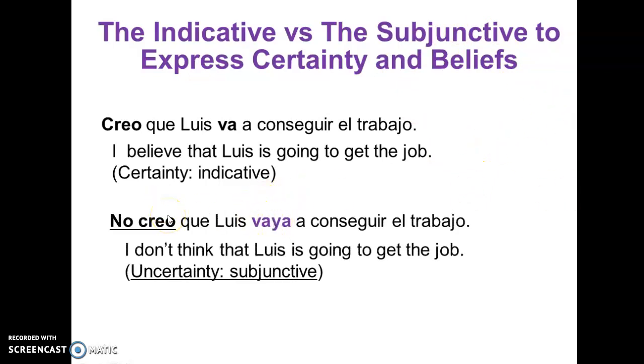But when you don't think that something is possible, then there's uncertainty, and so we use the subjunctive. No creo que Luis vaya a conseguir el trabajo. In this case, I don't think that Luis is going to get the job.